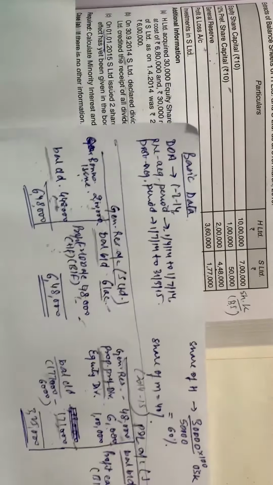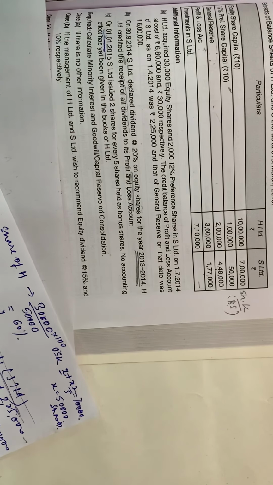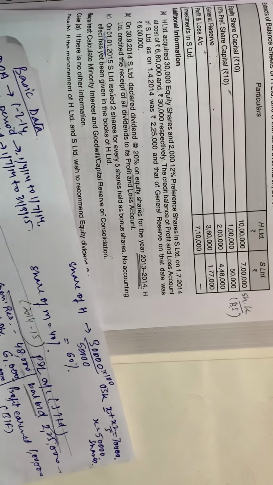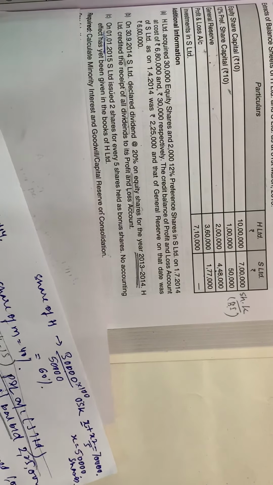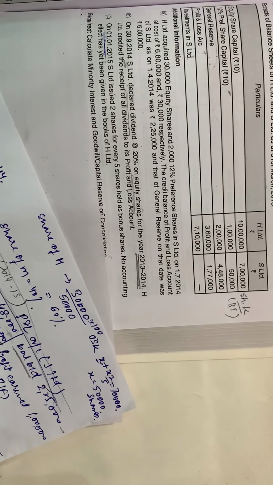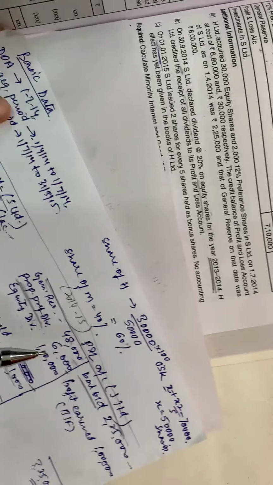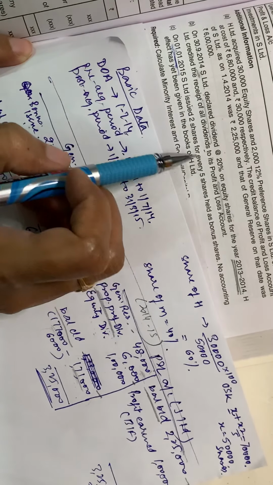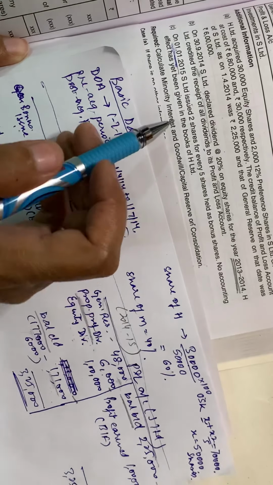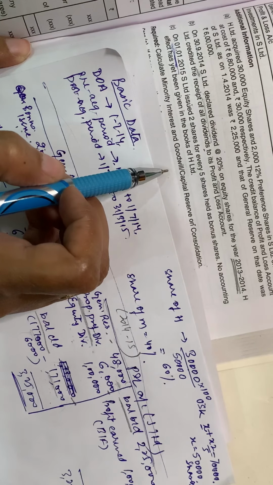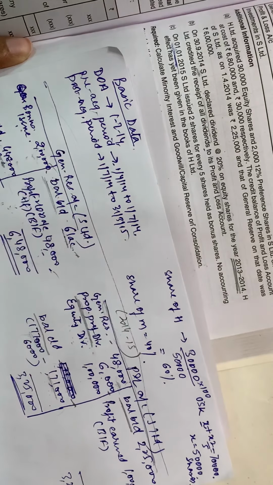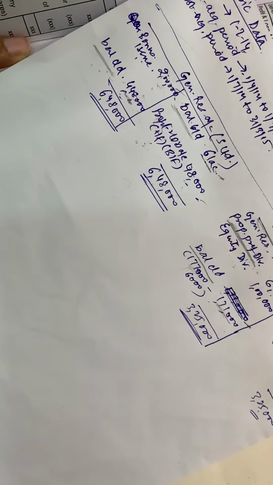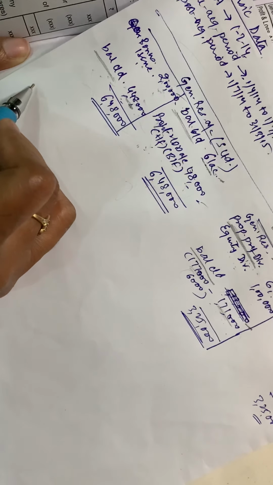So let's go to the next item over here. Before you can come up with the calculation of your minority interest and the goodwill or capital reserves, you have to first do what I have already explained in one of my videos.